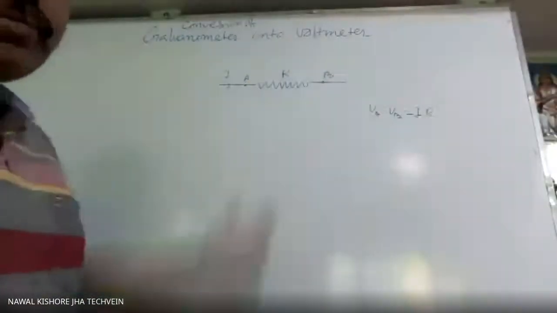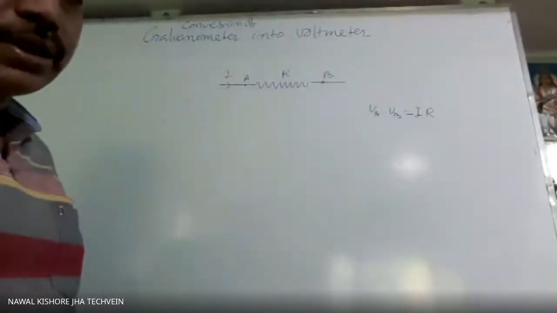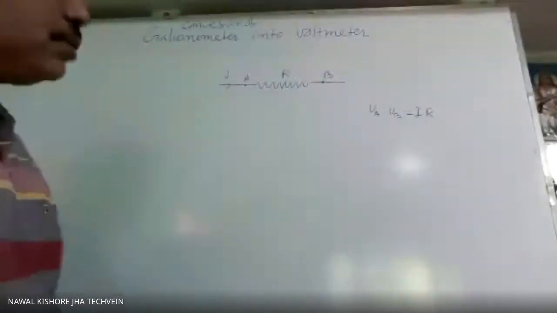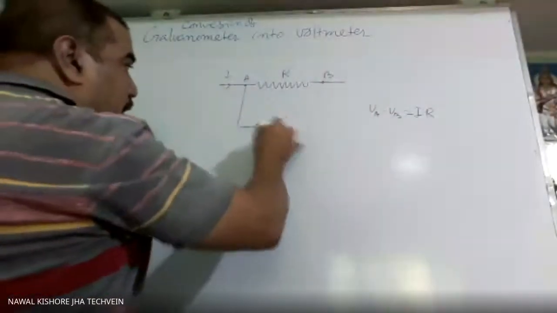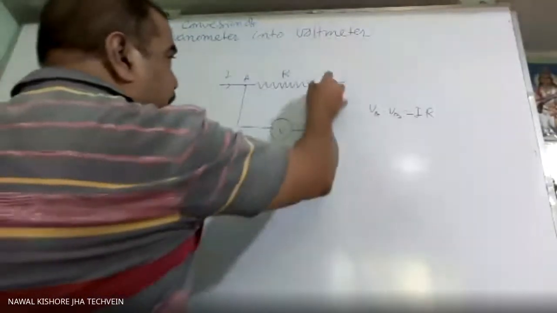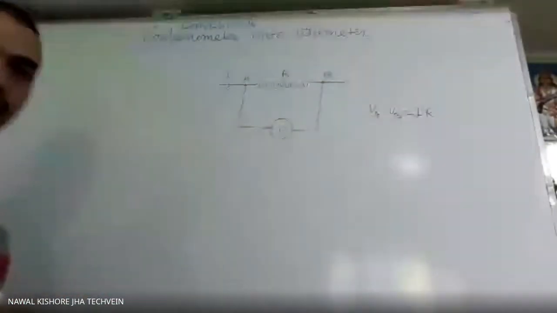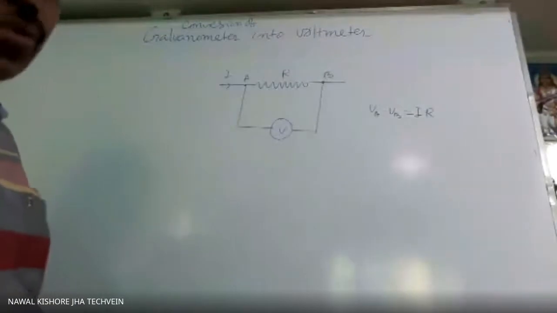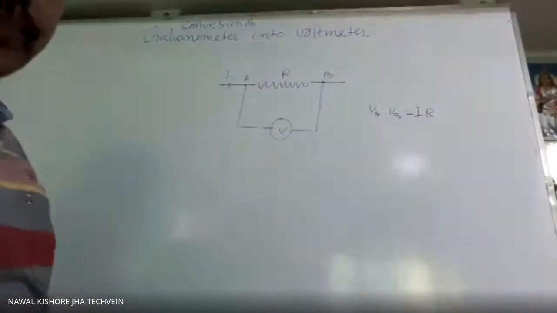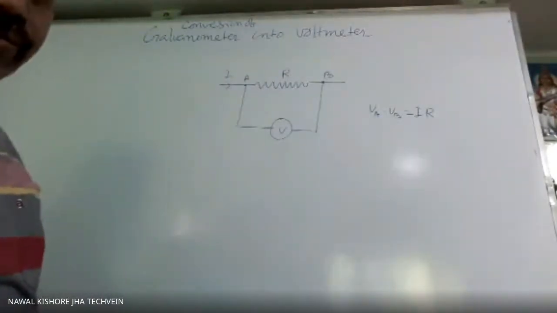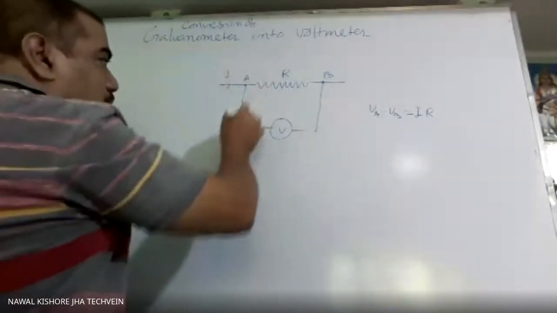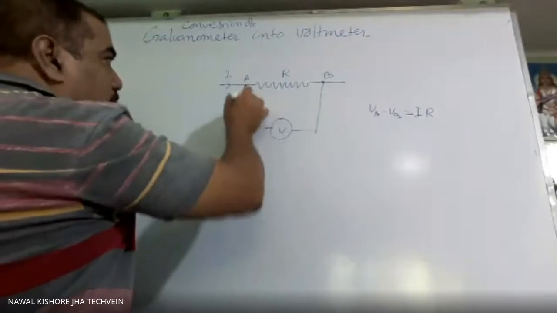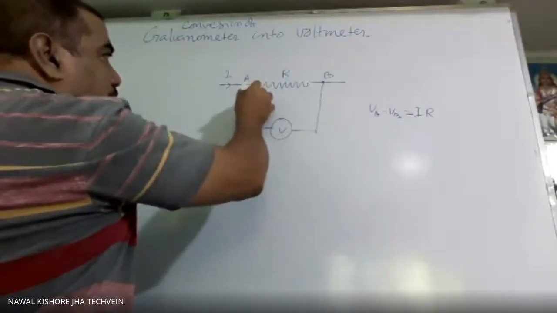Now we want to measure this by voltmeter. So once you connect a voltmeter in parallel, whatever the resistance of voltmeter may be, there will be branching of current. So this will be, suppose I, and this is here I minus I.